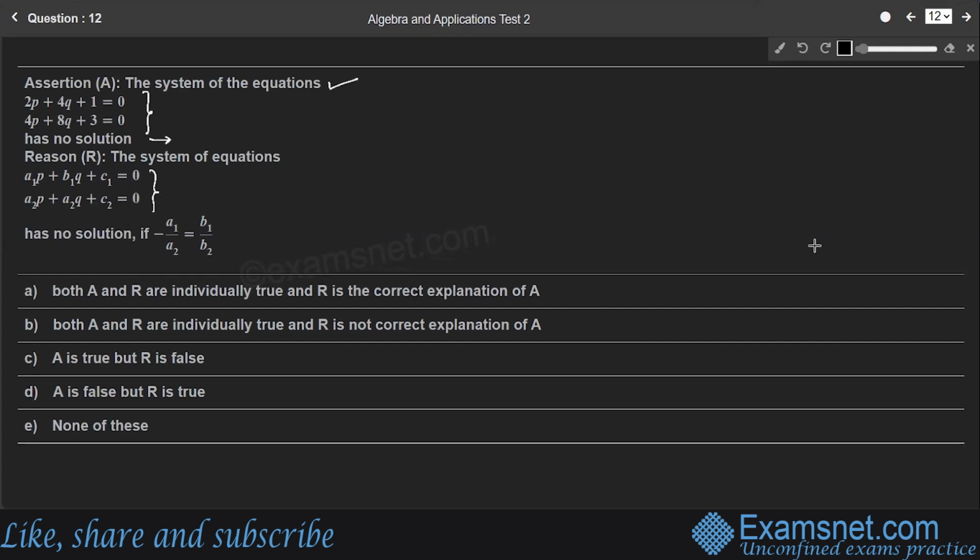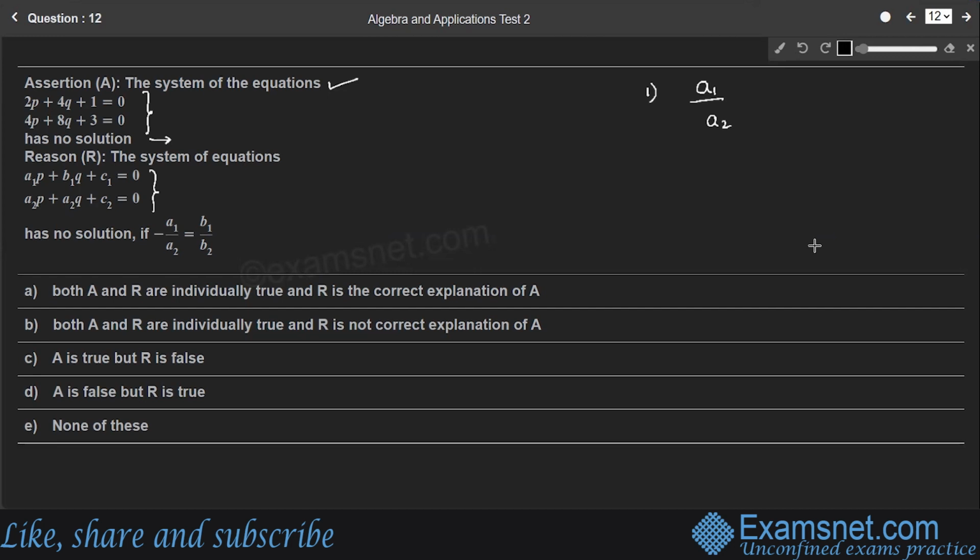We have to decide. So when two linear equations are given, we need to follow three rules, right? So the first rule says A1 by A2. In the general case, A1 and A2 are the coefficients of the variables, right?